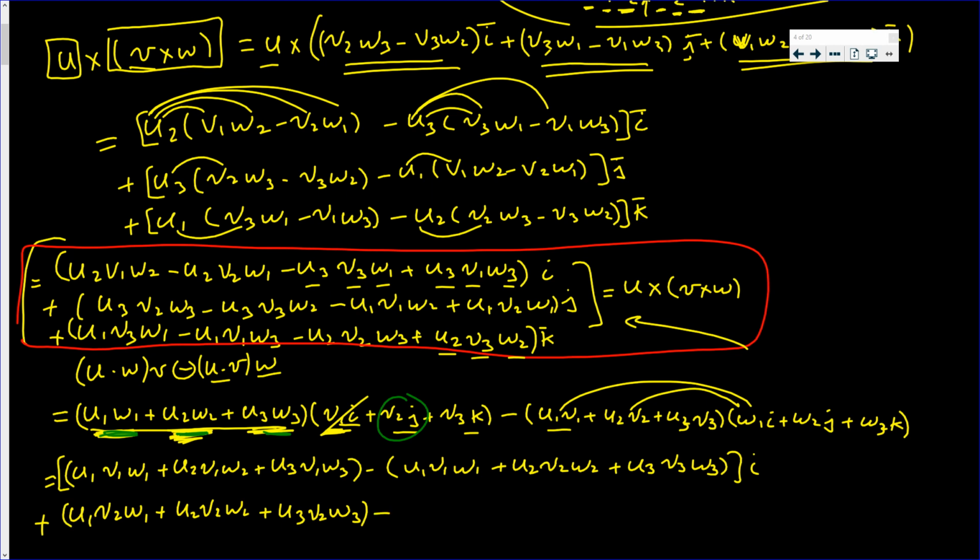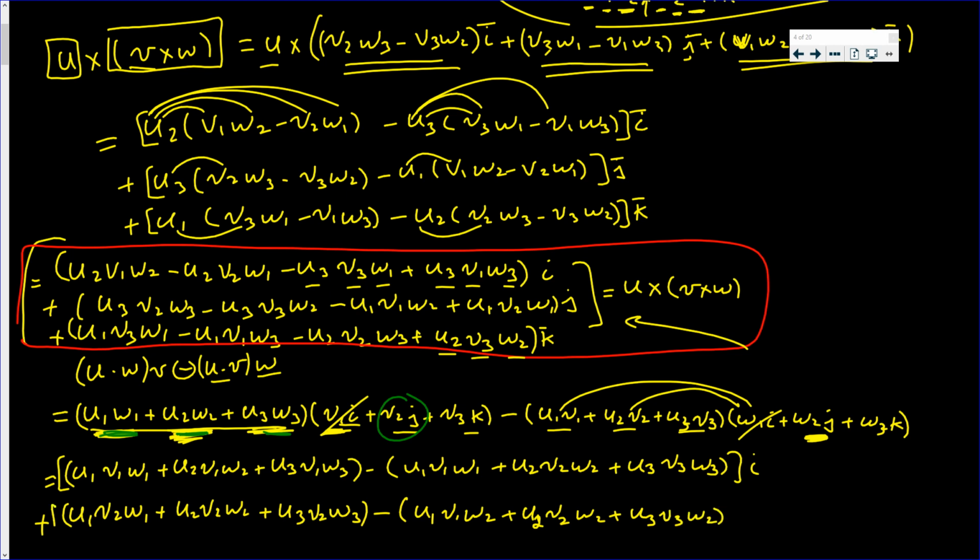Now I'll distribute each of these to, we already dealt with W1 i. I'll distribute to W2 j. So it's minus U1 V1 W2 plus U2 V2 W2 plus U3 V3 W2.